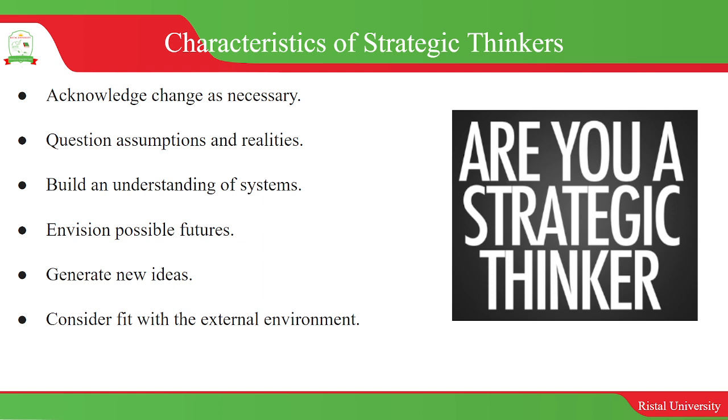Okay, so the other point is envision possible futures. Okay, like see where you want to be. Seeing where you want to be is very important, especially for leaders, because leaders sell vision. Okay, a good leader should be able to sell vision. And that vision is what you can call the promised land, where we want to be in terms of public health.